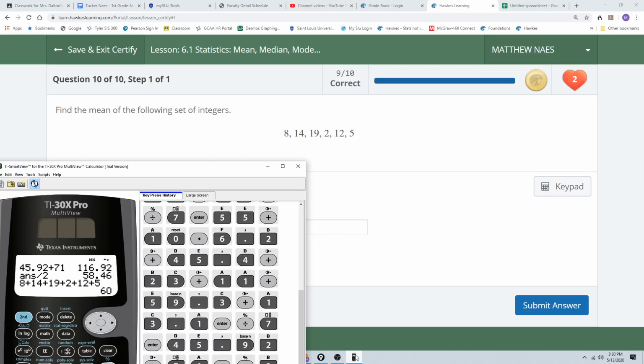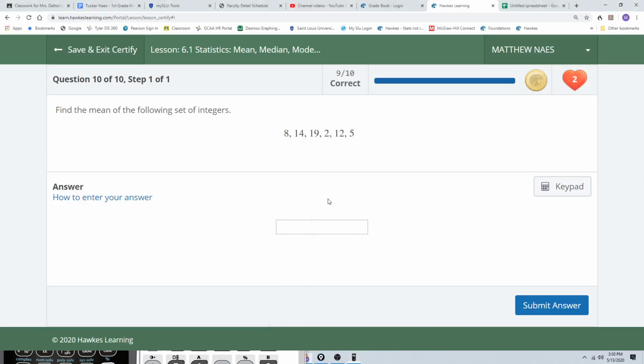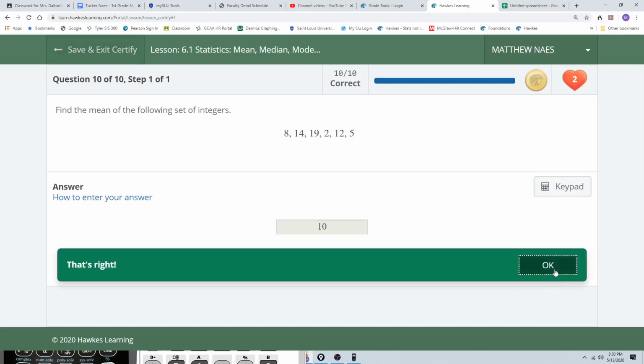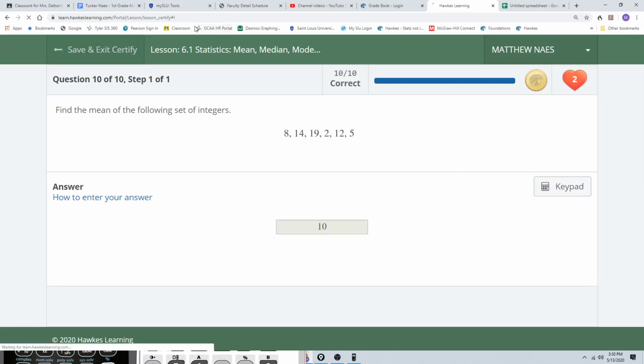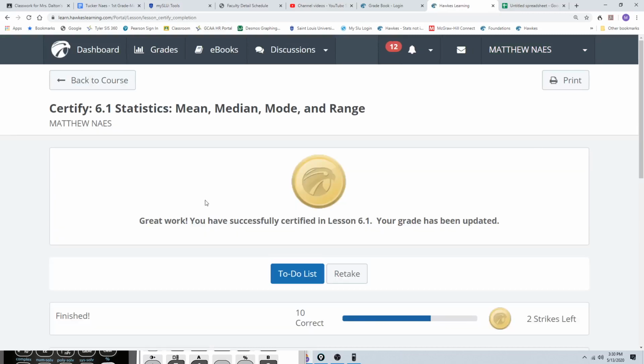Divide by how many numbers I have, 6 numbers. All right, there we go. There is 6.1, mean, median, mode, and range.